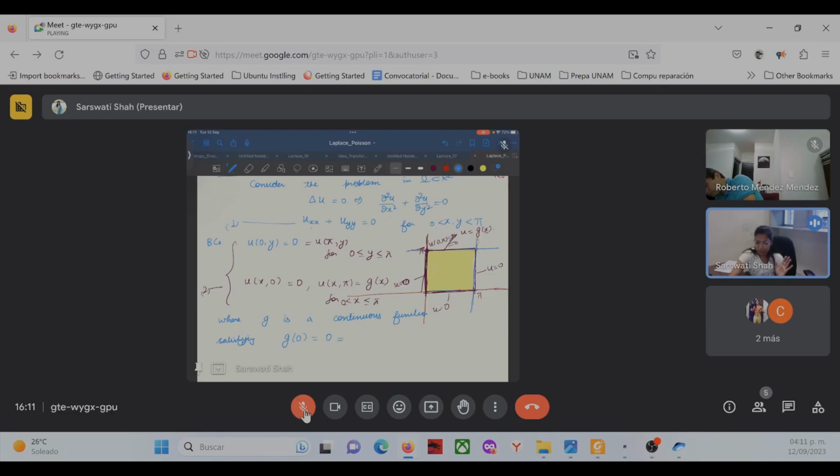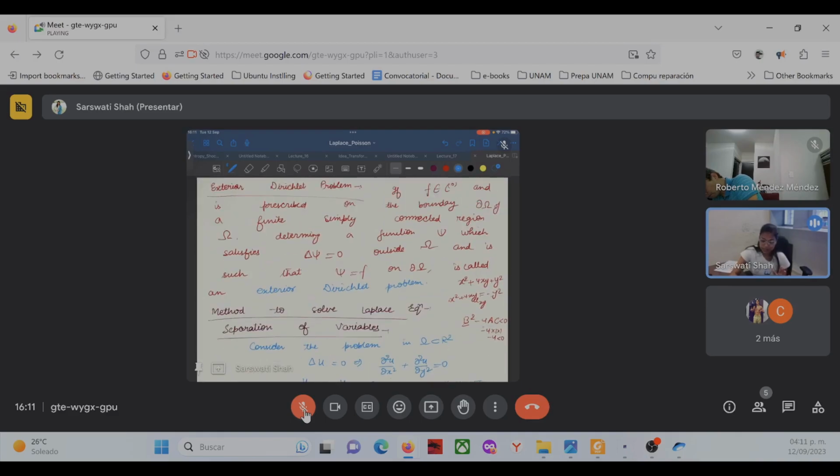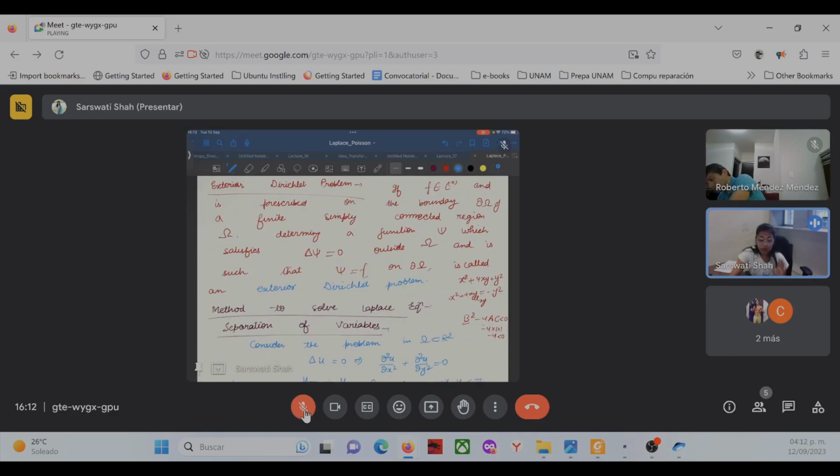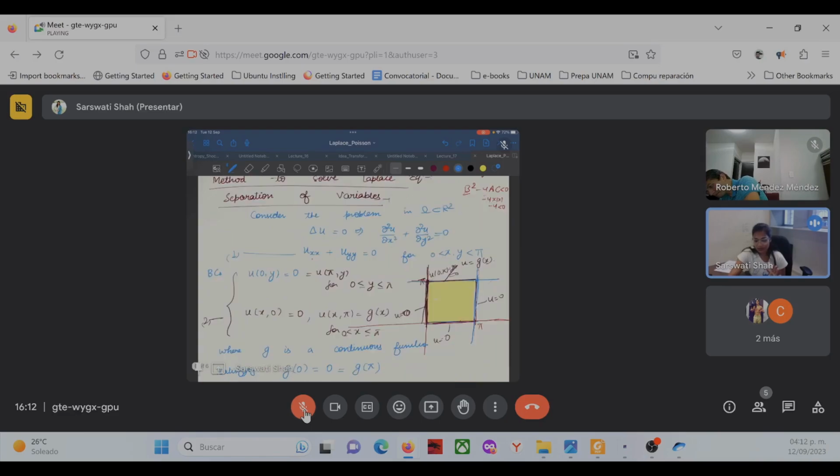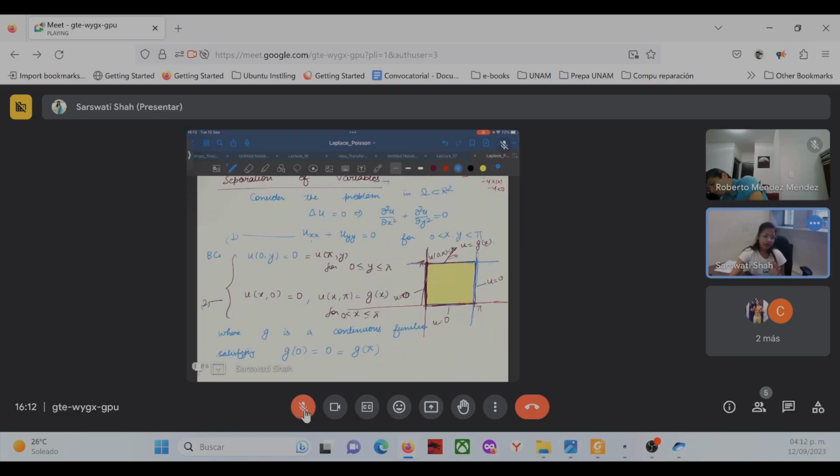And when you reach here, u is also 0 on this boundary, it means g(pi) should also be 0 just because of the continuity of the function g. Because you can see that I took f belonging to C0, so f is a continuous function. This is a necessary condition that should hold when the condition is given in this form.